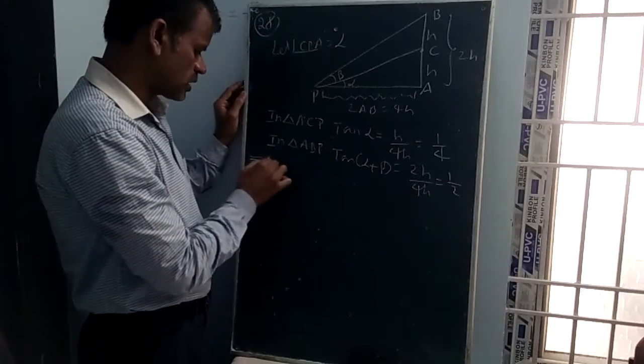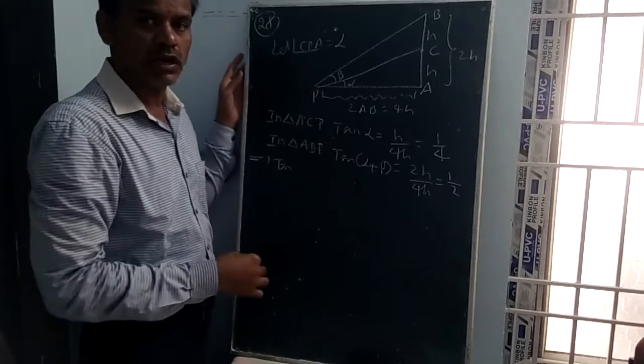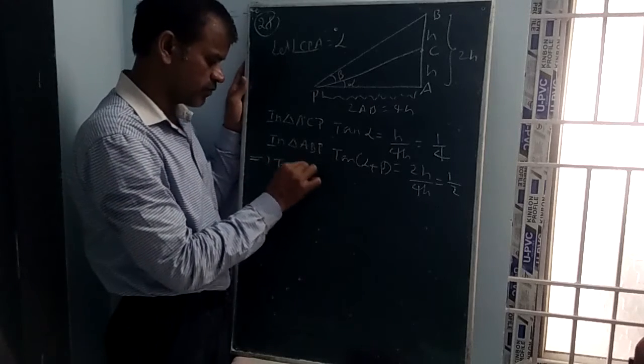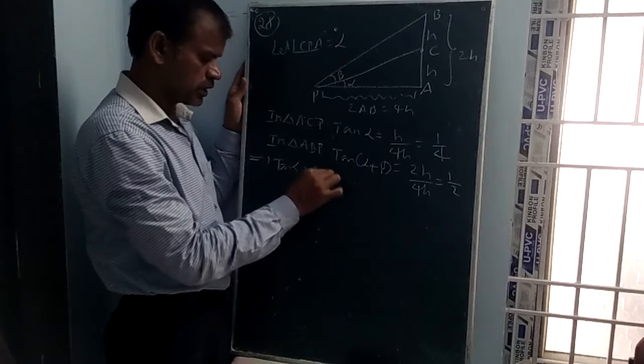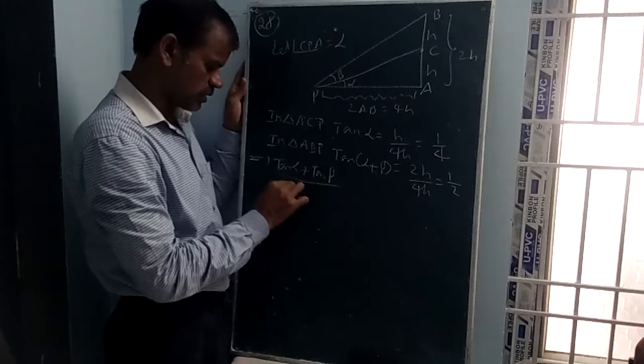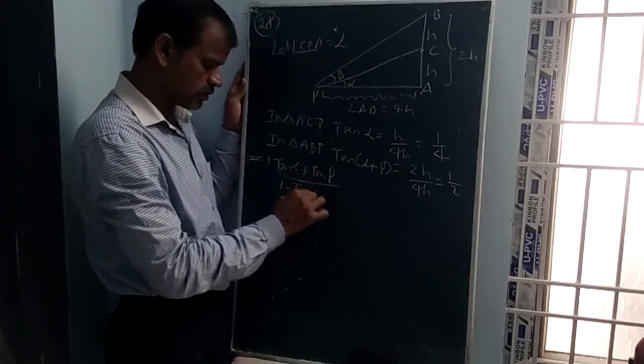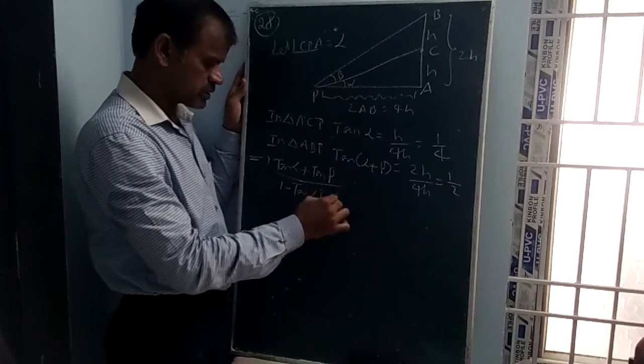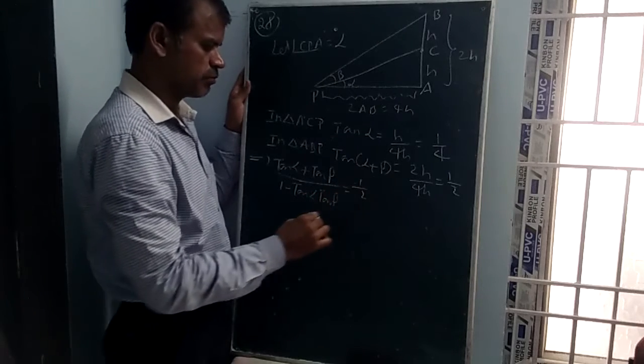You know the formula, tan of alpha plus beta is tan alpha plus tan beta by 1 minus tan alpha into tan beta. So write like this, tan alpha plus tan beta by 1 minus tan alpha into tan beta is equal to 1 by 2.